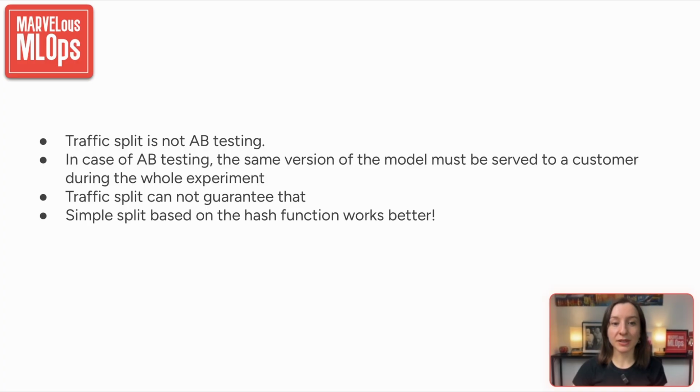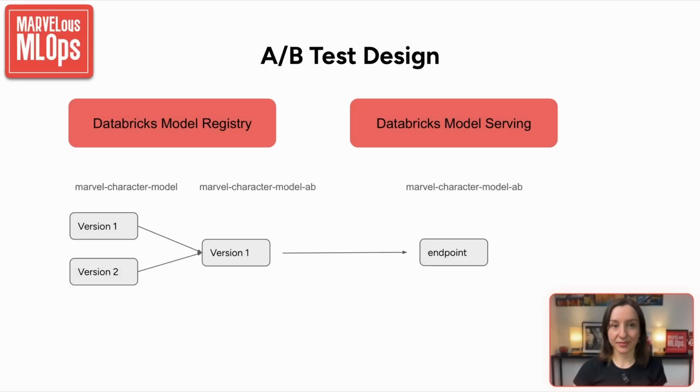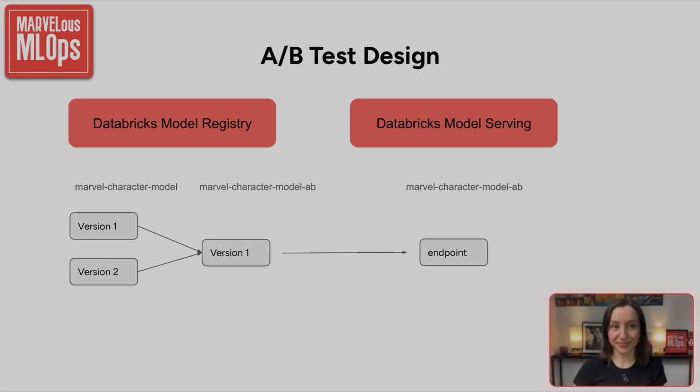To run reliable A/B tests, you need a sticky assignment strategy, like a hash-based split on a stable identifier, which could be user ID or session ID. That way, each user consistently gets routed to the same model variant for the entire test period. In our example, we will use two different versions of an MLflow model, and they will be combined into a main PyFunc model that serves as the core model for our endpoint for A/B testing.